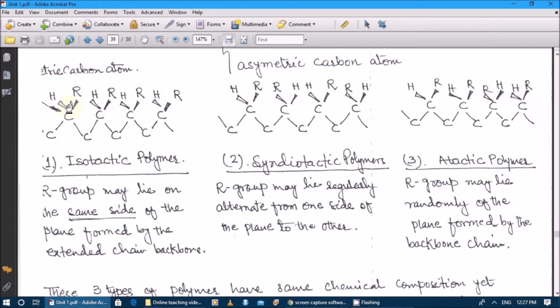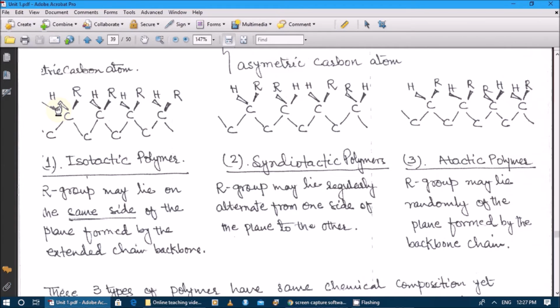Okay, so this empty triangle represents above the plane, and the filled triangle represents below the plane. That means at an asymmetric carbon atom, the hydrogen is above the plane in which the polymer chain is lying.